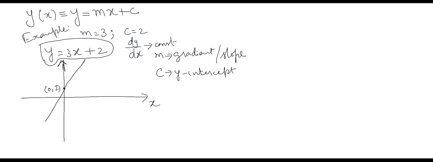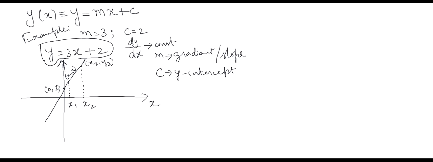Then if you take 2 points, it could be any 2 points. This point could be our x1 and this point could be our x2. When you take 2 independent values for x, the corresponding points may look like this: one point is x1, y1, and the other is x2, y2.